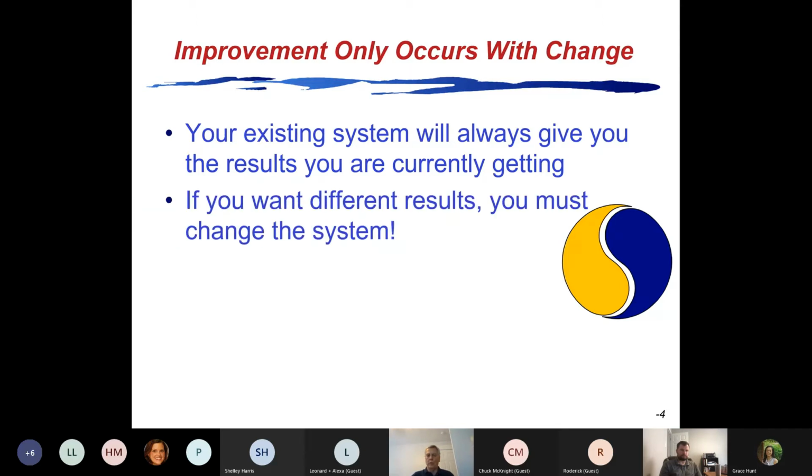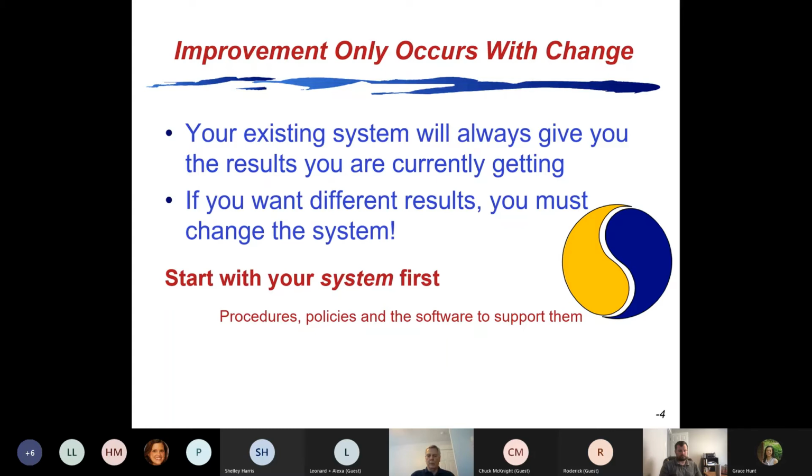If you want better results, you got to change the system. That's such a fundamental truth, and it's something we run into all the time. People say, yeah, I want to improve, but I didn't mean me. I mean everybody else needs to improve. All my people need to do a better job. Well, look, it starts with you.